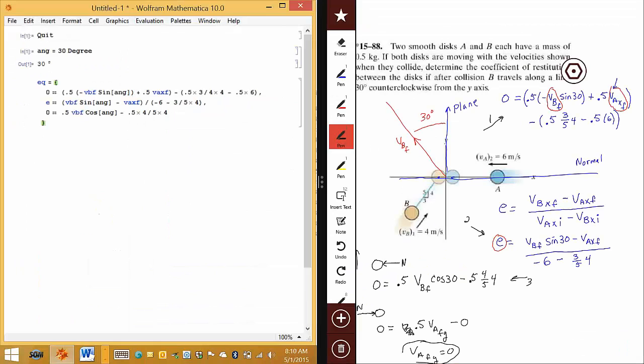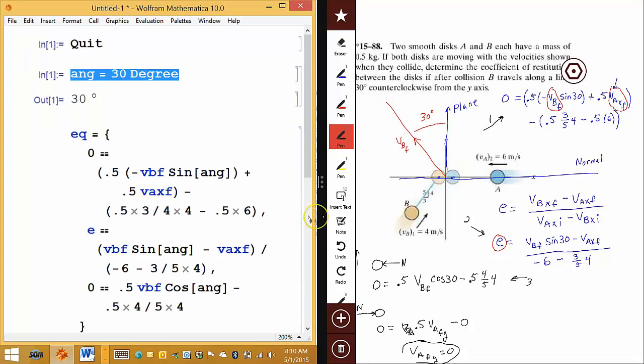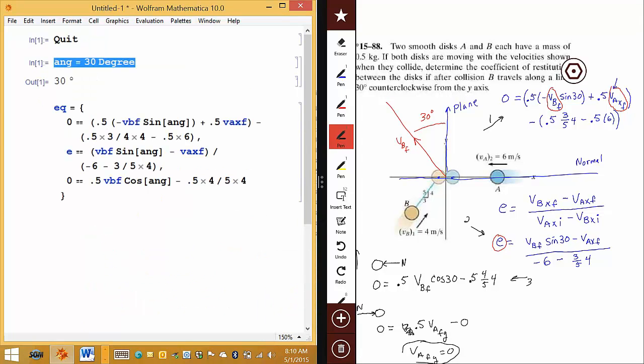Okay, what I've done here is opened up a Mathematica window, and what you haven't seen is that I've typed in this angle to be 30 degrees just to make the typing easier. Let me enlarge this so it's easier to see. That might be a little too big for you, but there we go. This is not too bad. So then, without wasting your time, I've typed in the equations.